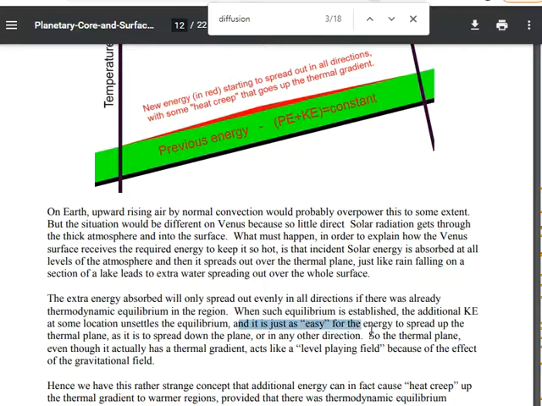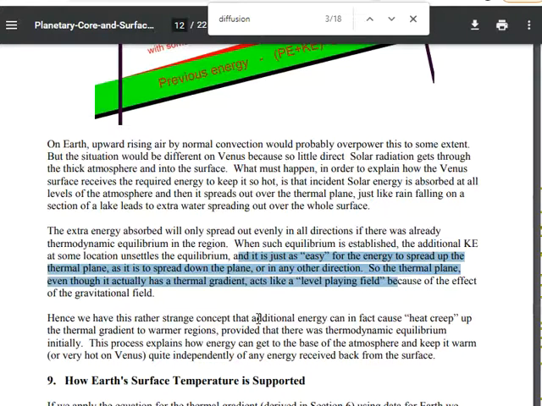When such equilibrium is established, the additional kinetic energy at some point unsettles the equilibrium. It is just as easy for the energy to spread up the thermal plane as it is to spread down the plane or in any other direction. So the thermal plane, even though it actually has a thermal gradient, acts like a level playing field because of the effect of the gravitational field.